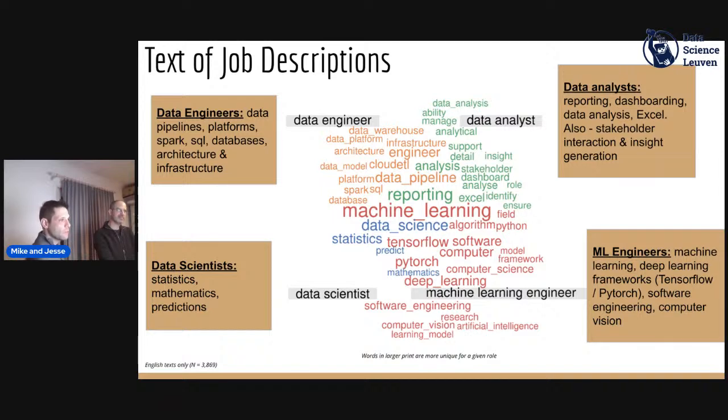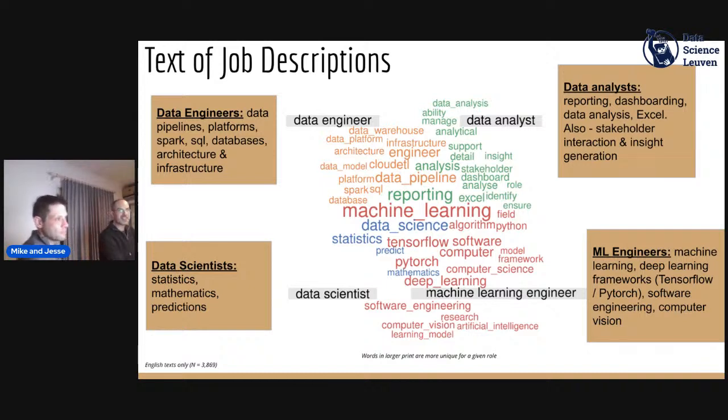Probably, again, like Mike said, 10 years ago, certainly 5 years ago, there wasn't really the data engineer role as such being advertised. So a lot of what you used to see in data scientists has migrated up there. Data analysts: Excel, dashboarding, etc. ML engineers, they have their TensorFlow and PyTorch, and they get the machine learning, not the data scientists.